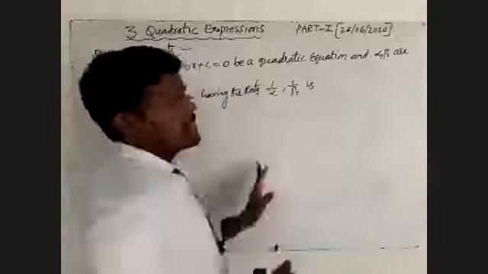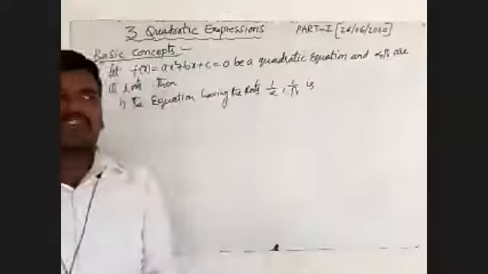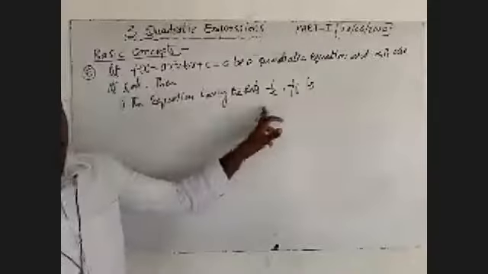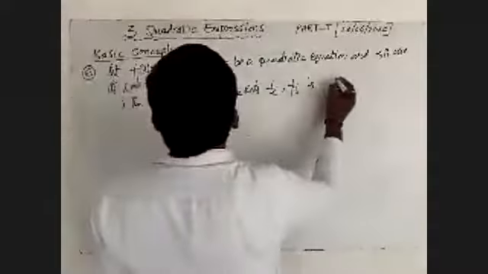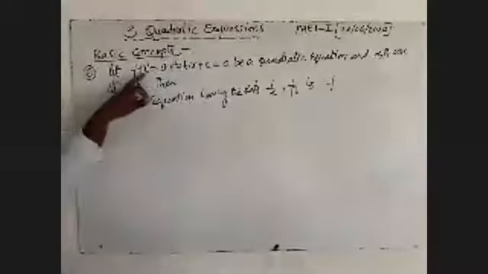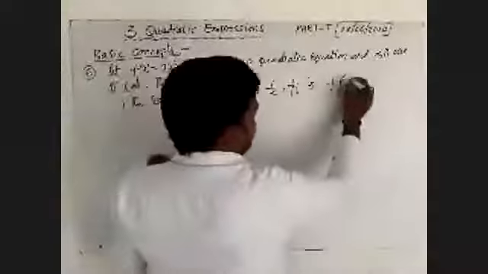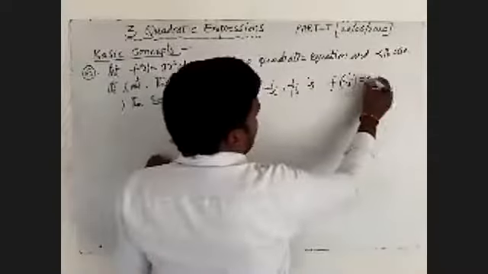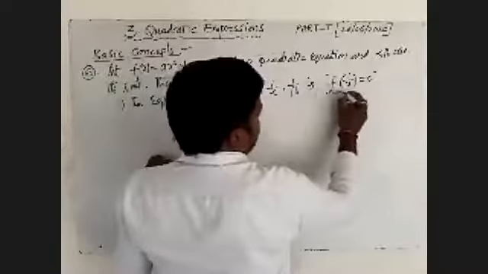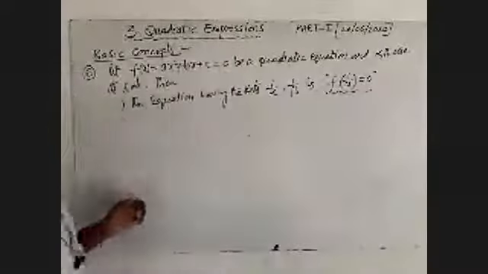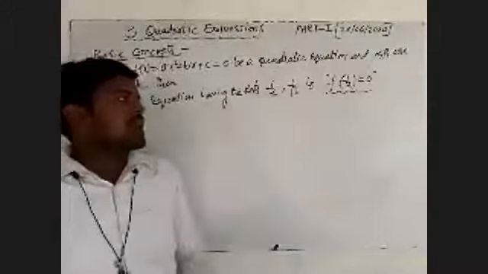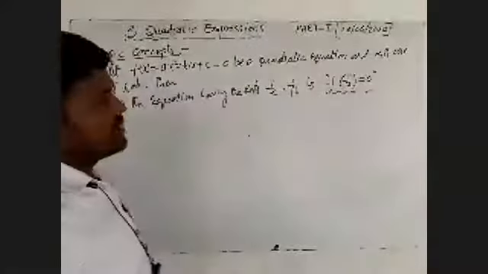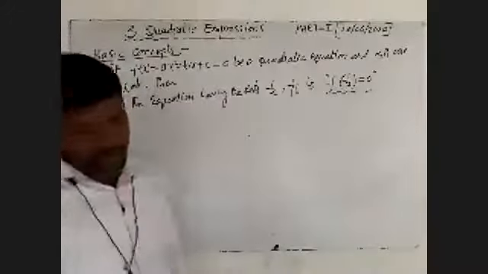If the roots of a given equation are of the form 1 by alpha, 1 by beta, then the given equation f of x can be written as f of 1 by x is equal to 0. Observe, the equation having the roots 1 by alpha comma 1 by beta is f of 1 by x is equal to 0.